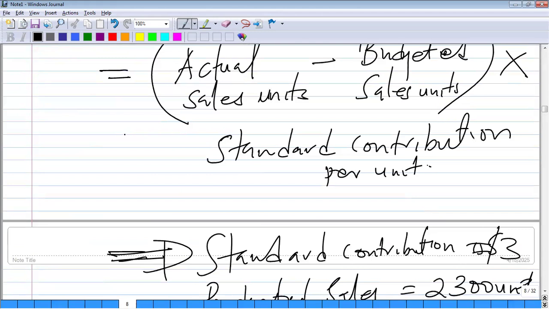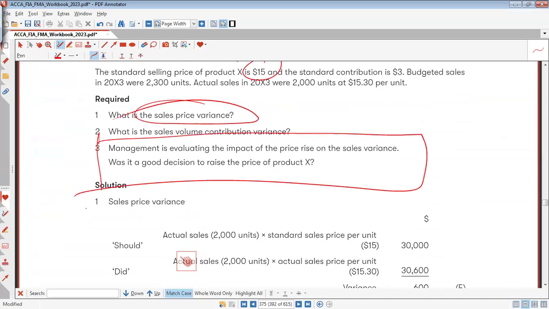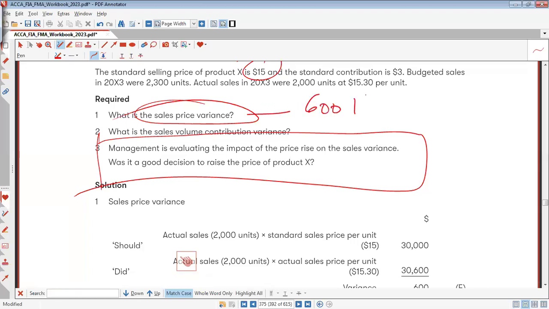Okay. That's the only small difference. Are we together? So they're asking, while management is evaluating the impact of the price rise on the sales variance, was it a good decision, a bad decision? We got here 600 favorable, 900 adverse.